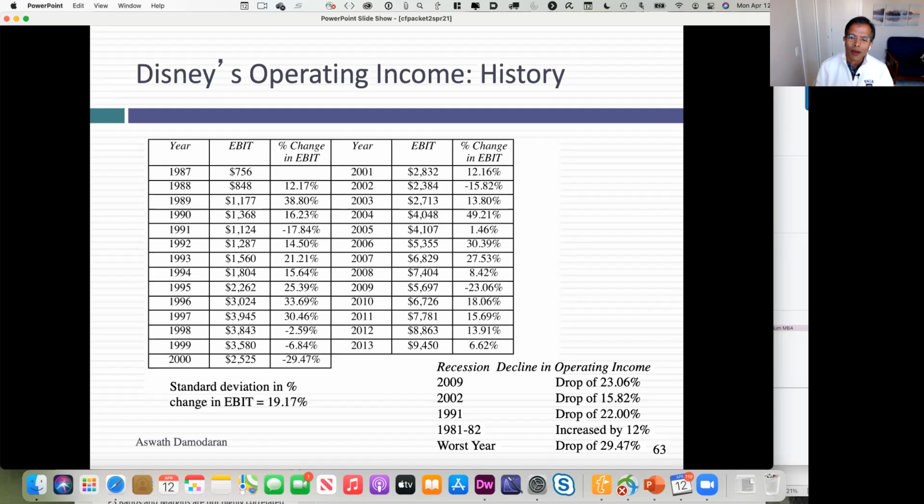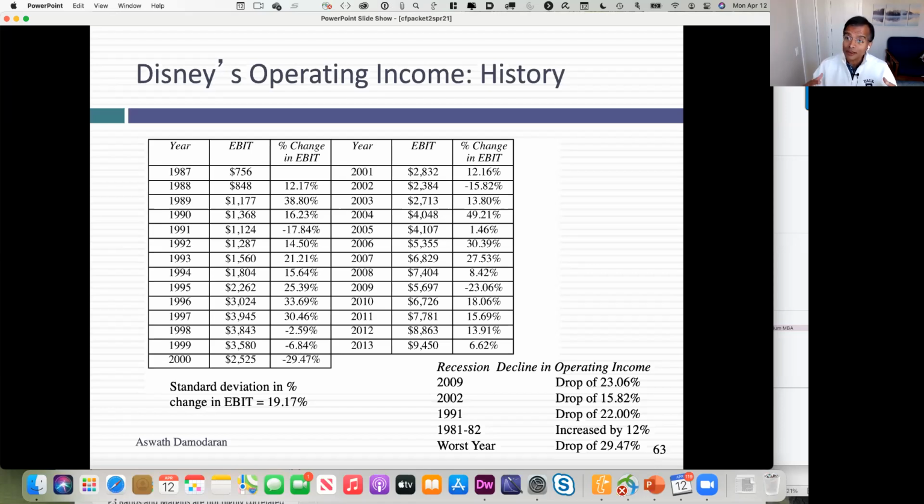So I wanted to see what a bad year for Disney looked like. And the best way to see that, given their history, is just look at their historical data. So this goes all the way back to 1987 through 2013. EBIT is, of course, operating income. And I look at the percentage changes in operating income by year. The worst year that Disney has had during this time period was 2000. In 2000, their operating income dropped by 29.5%.